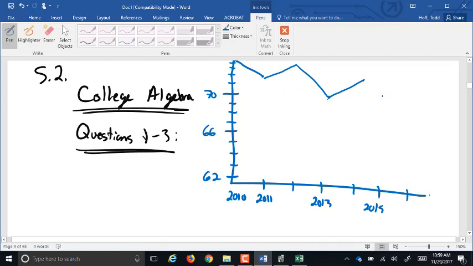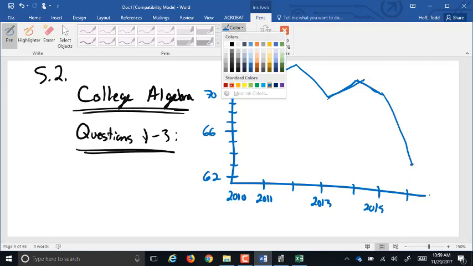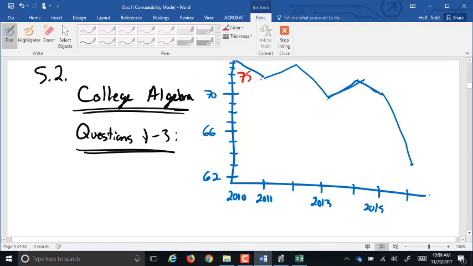As we look at this, it's easy to conclude that these percentages are dropping rapidly. But if you look at it really closely, it's really only dropped from 75% to 64%, which is still a significant drop.